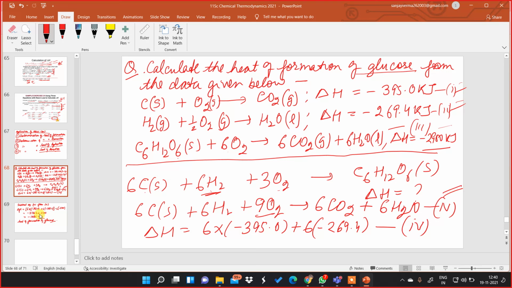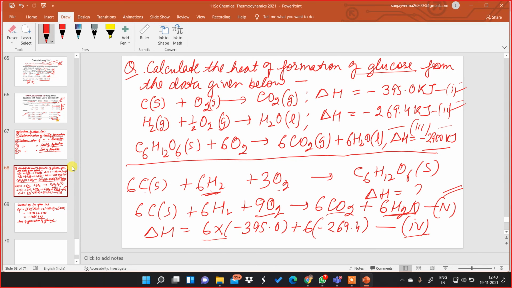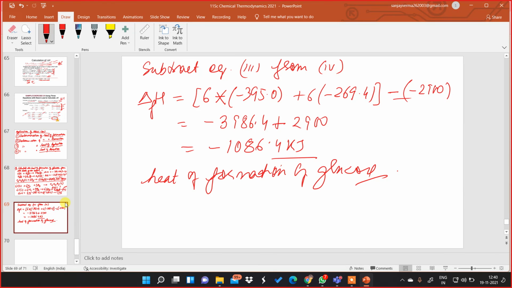For this equation we get the delta H, which comes to around minus 3986.4. Finally, we subtract equation 3 from equation 4 to get the answer, that is, the heat of formation of glucose.